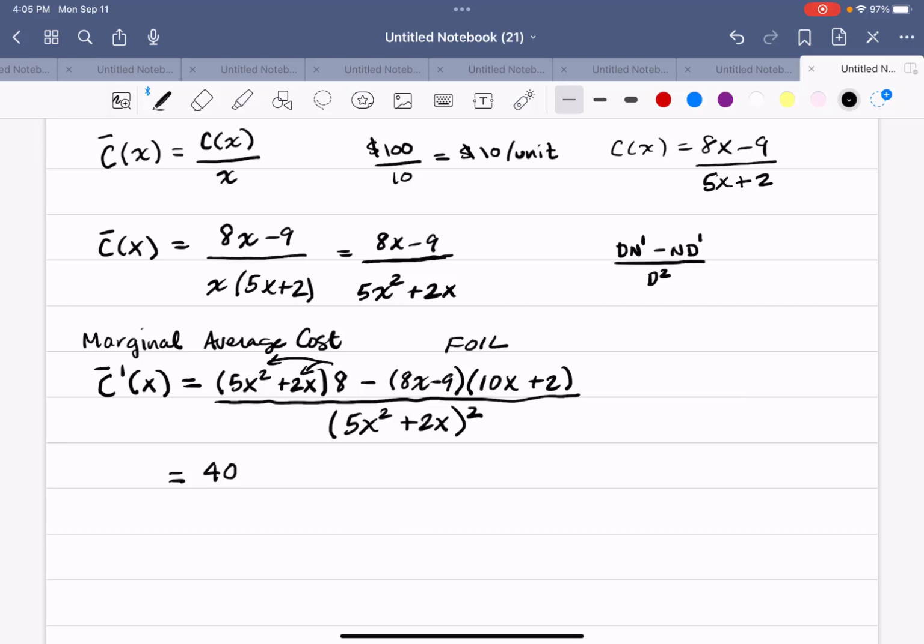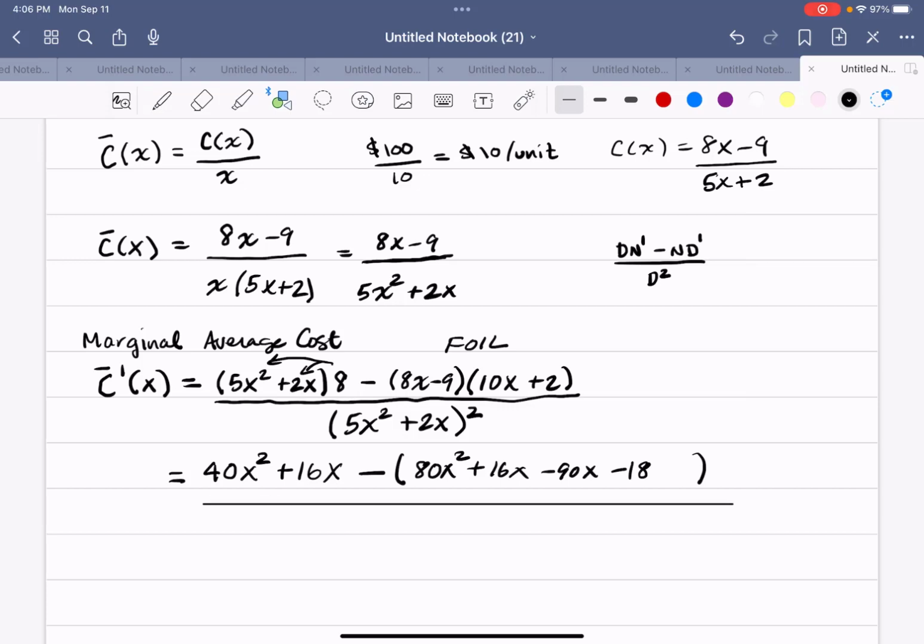So 40x squared plus 16x minus, and I'm going to fold this first and then I'll minus it. So 80x squared plus 16x minus 90x minus 18, and all of that is still over my denominator squared, (5x squared plus 2x) quantity squared.